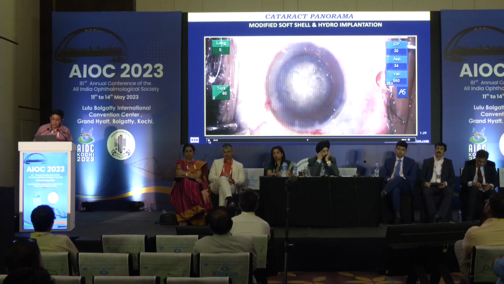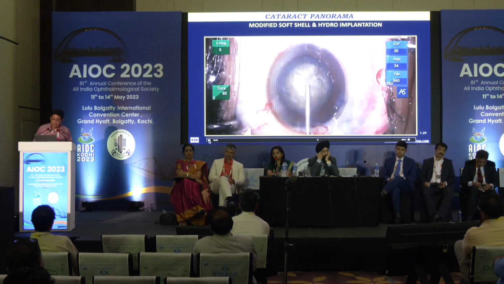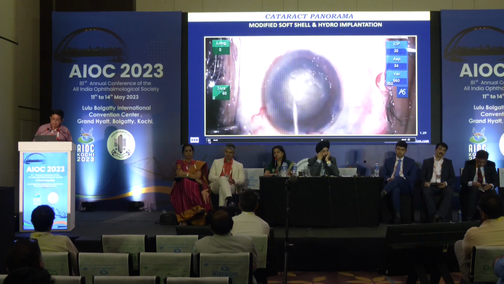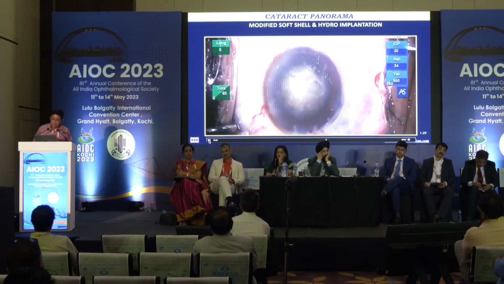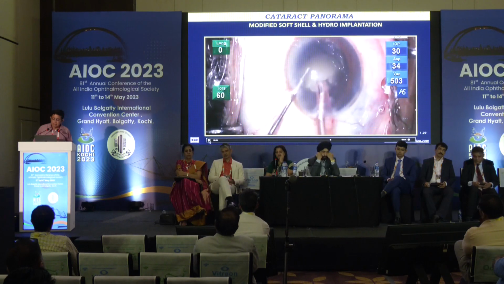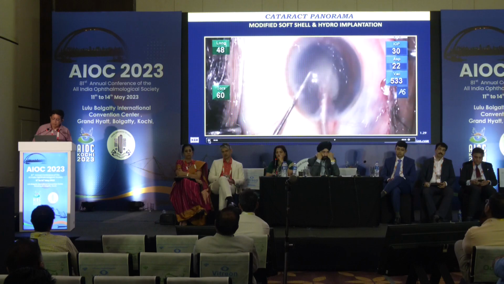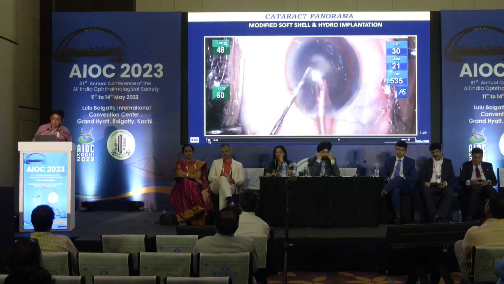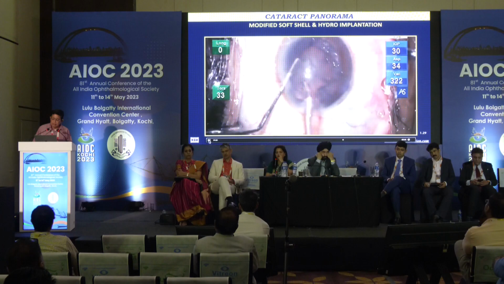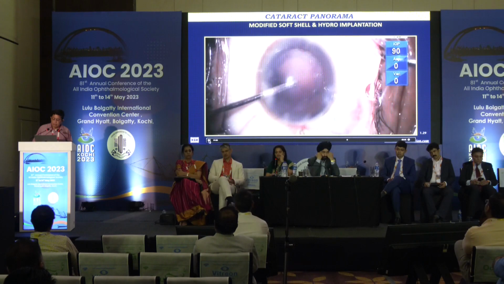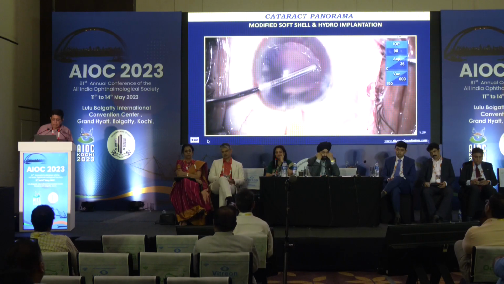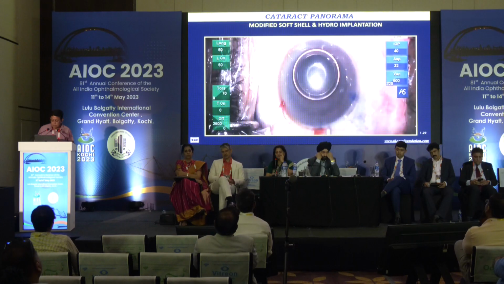So after coating the endothelium with the Viscoat, I introduce some HPMC, which is a sort of modified soft shell technique. Most of the phaco action takes place in a lake of HPMC, while the dispersive viscoelastic, which doesn't flow out easily, continues to coat the endothelium.